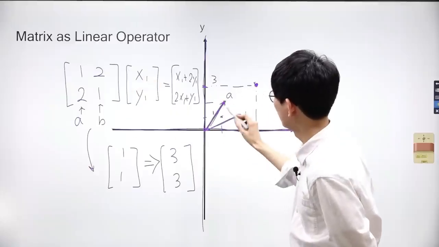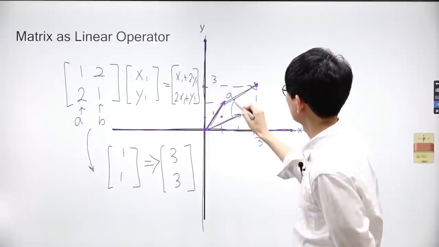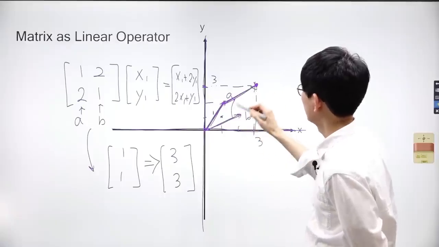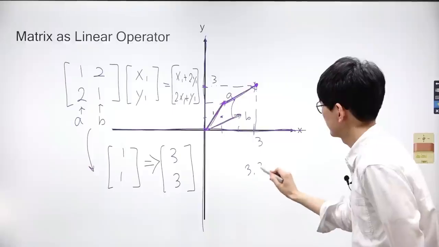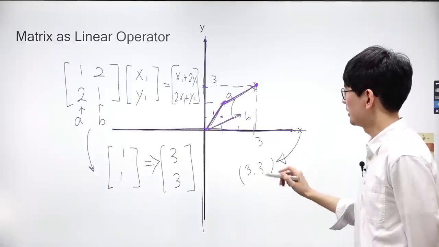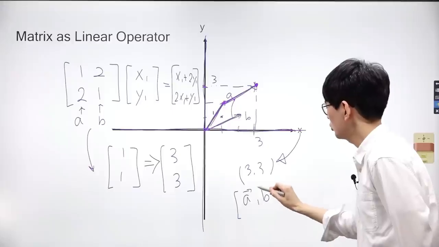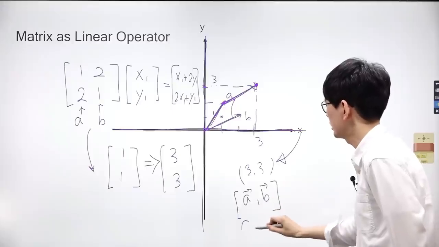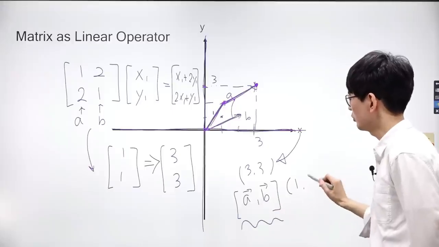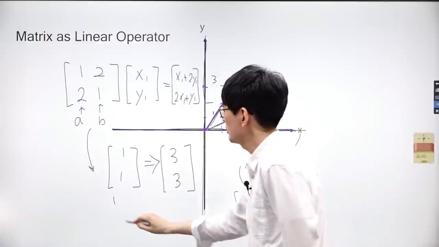To reach the point at coordinates 3 and 3 on the plane, we start by moving along vector A, and from the endpoint of vector A, we continue by moving along vector B. Therefore, the coordinates of the point are 3 and 3 when using the original x-axis and y-axis. However, when using vector A and vector B as axes, the new coordinates of the point become 1 and 1.